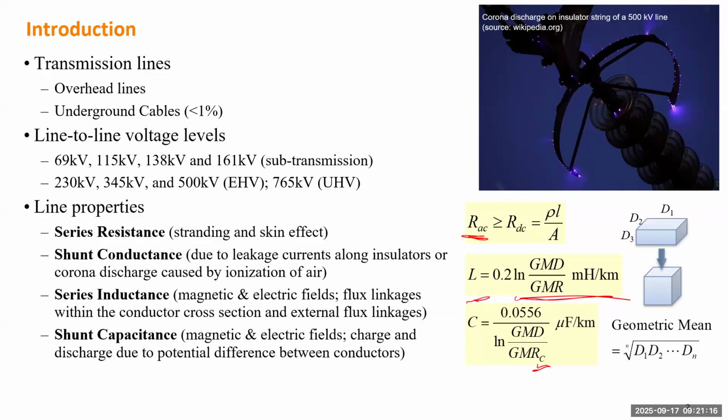And in the calculation, we want to find the geometric shape with better symmetry. So we use this way to calculate the average distance, right? So they have the same volume, but the dimension is completely symmetric. So that's the formula we're going to use to calculate the GMR and the GMD. All right.